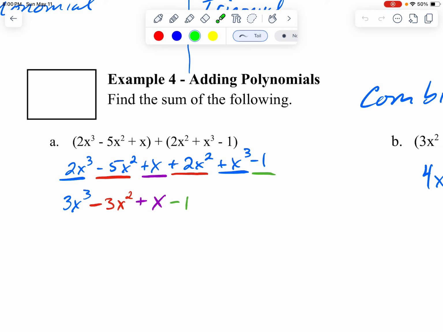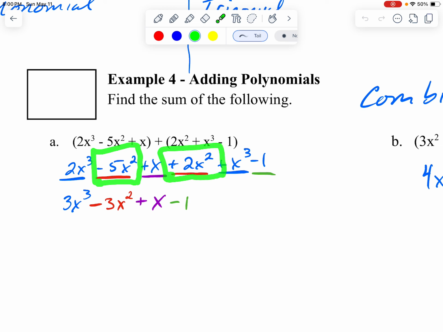And I underlined like terms in the same color. So I've got 2x to the third and I've got 1x to the third. So 2 plus 1 is 3x to the third. Then I've got my second degree terms. I've got a negative 5x squared, and you've got to take that sign that's in front of it right with it. So I've got negative 5, and then I've got plus 2x squared.